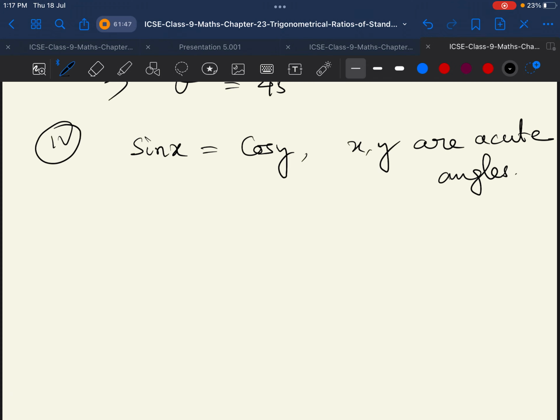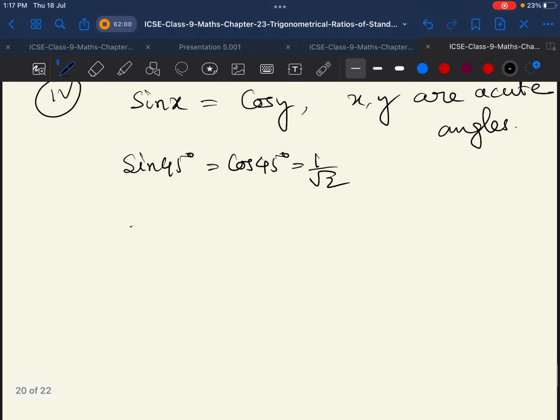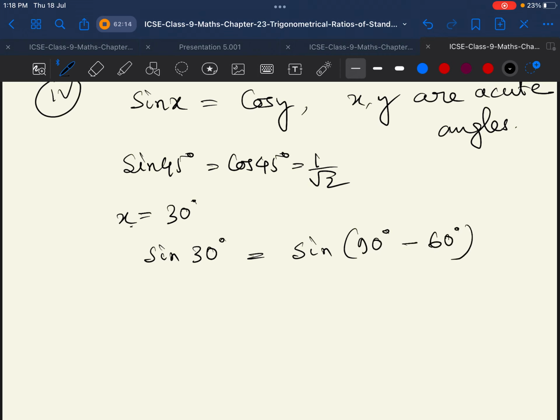when the value of sine and cos is equal, if we take 45, at 45 sine 45 and cos 45 are both 1 by root 2. Now if we take x as 30 degree, then we can write sine 30 equals to sine of 90 minus 60. We know sine 30 is 1 by 2.